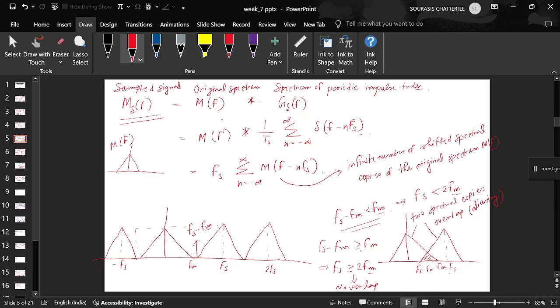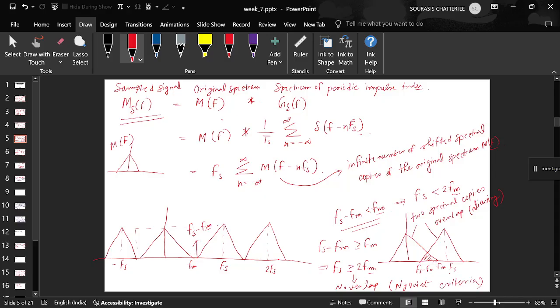And to ensure that it doesn't happen, so that the spectral copies are not overlapping with each other, this condition needs to be satisfied, and that corresponds to Fs greater than or equal to 2 Fm. That is, the sampling frequency is greater than or equal to twice the maximum frequency component of the message signal. Then there is going to be no overlap, and this is what is called the Nyquist criterion.